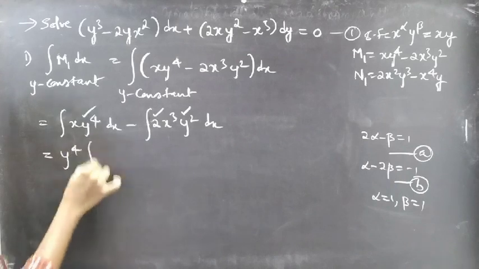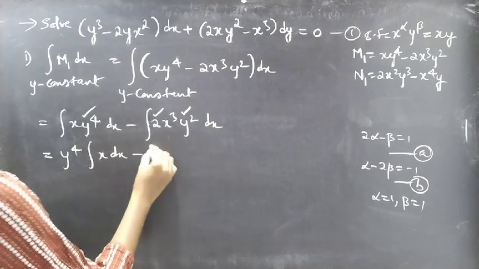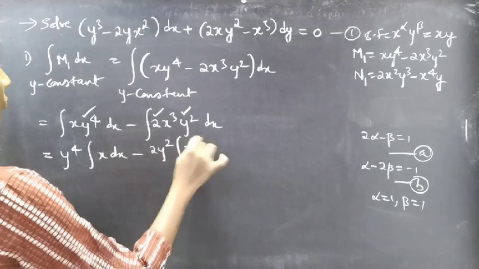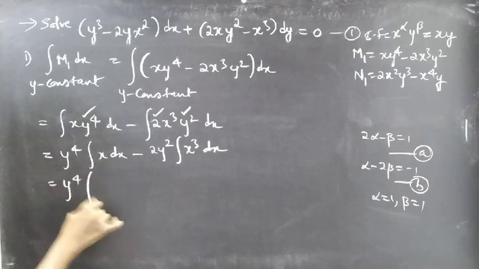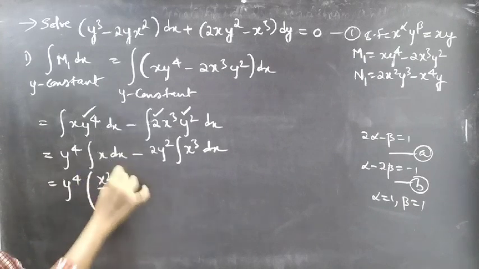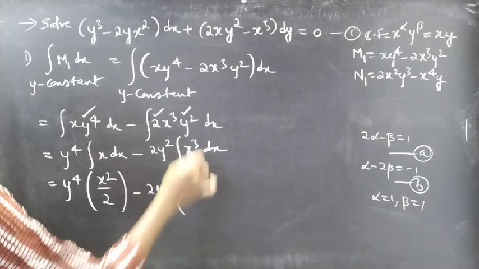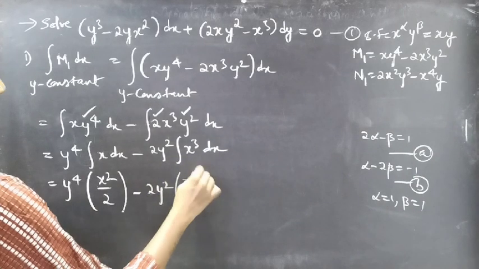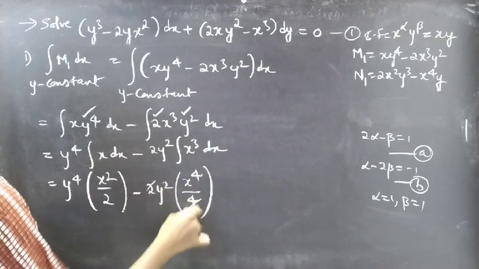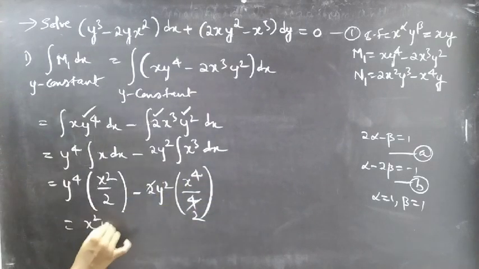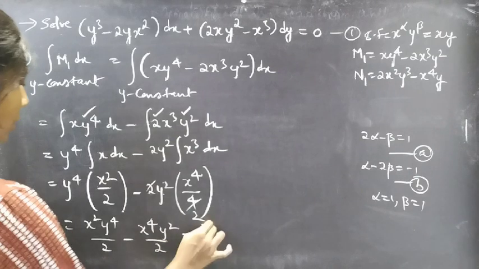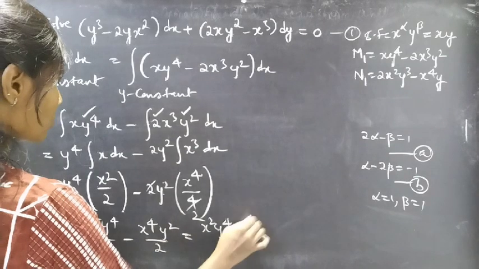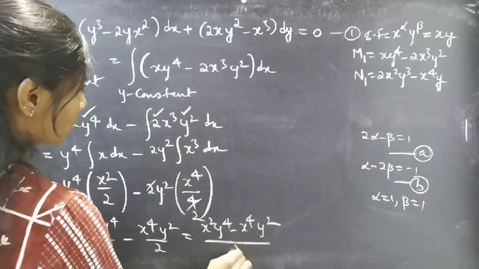You get y power 4 integral x dx minus 2y square integral x cube dx. This gives us y power 4 into x square by 2 minus 2y square into x power 4 by 4, which gives us x square y power 4 by 2 minus x power 4 y square by 2, or x square y power 4 minus x power 4 y square, all by 2.